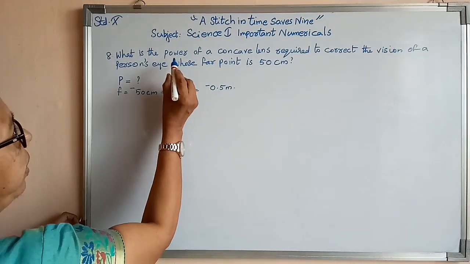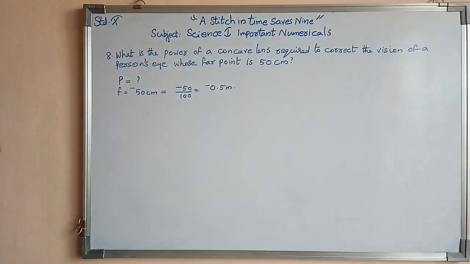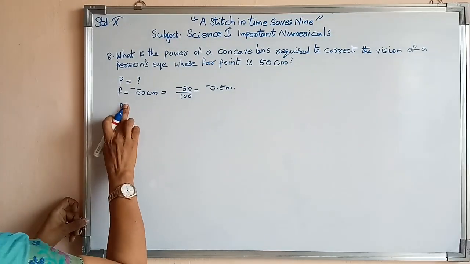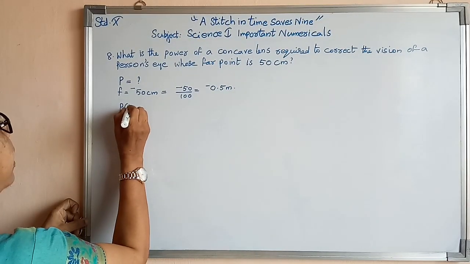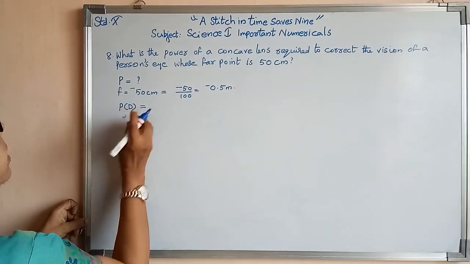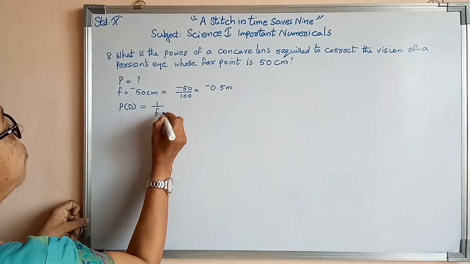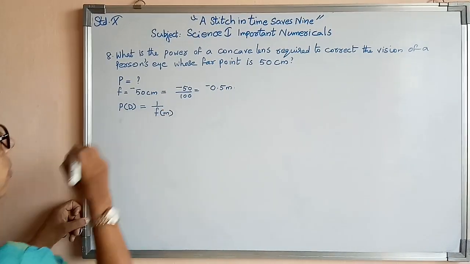Now we need to find out the power of this concave lens. For finding the power, we can write P in diopter, that is equal to 1 upon small f, that is in meter.